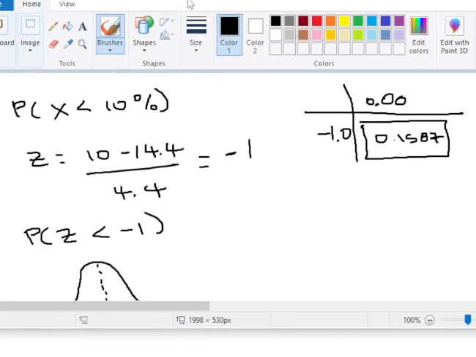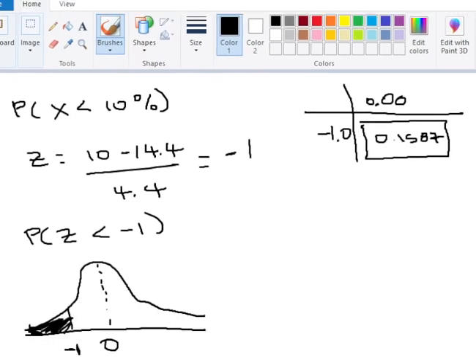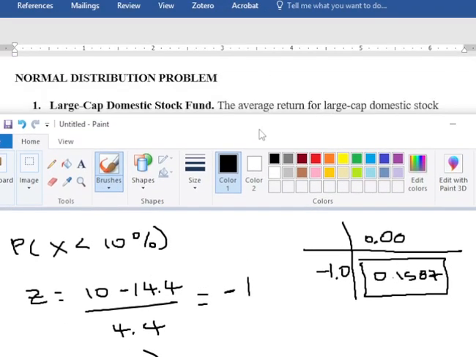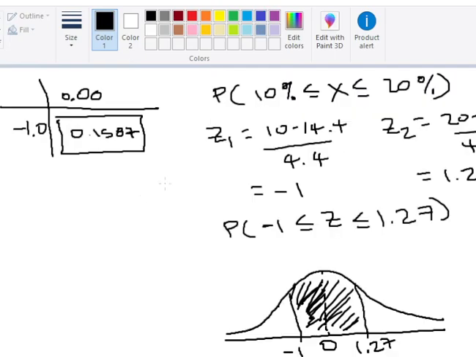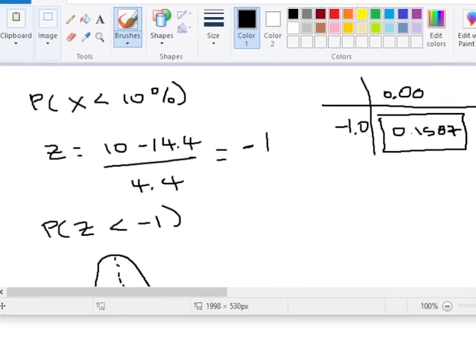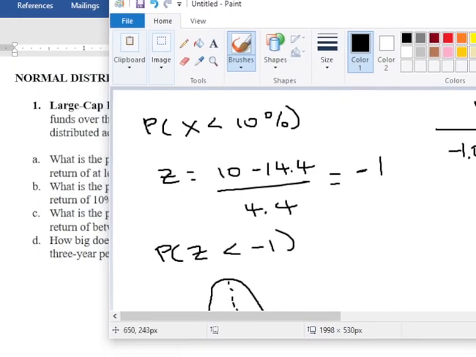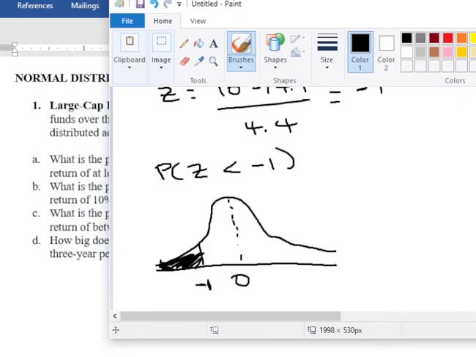So let's see what we got right here. There we go. So notice it's -1, and we're going to shade it less.